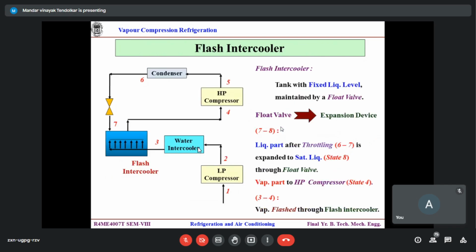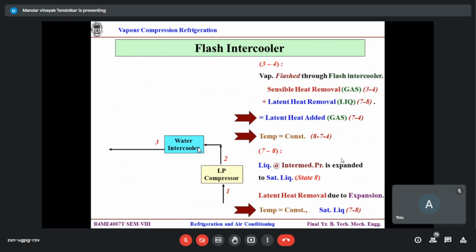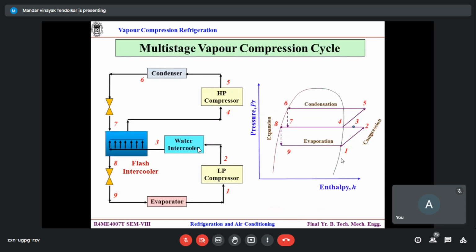So the mass balance and energy balance also, of course. The liquid part after the throttling: my first throttling is 6 to 7, so 7 is a liquid plus vapor mixture. Out of that, the liquid part is expanded to saturated liquid, that is state 8. I think I should have shown this diagram.